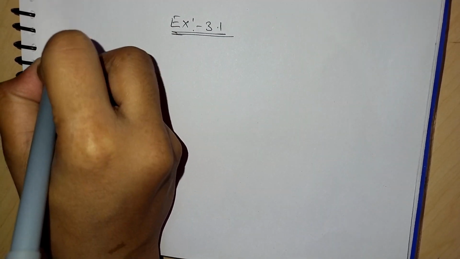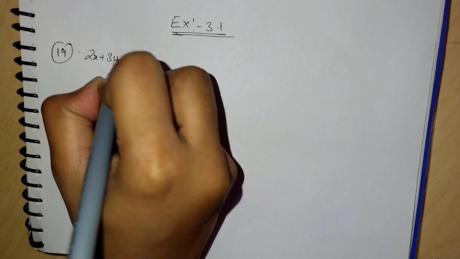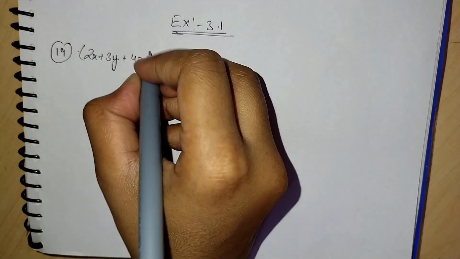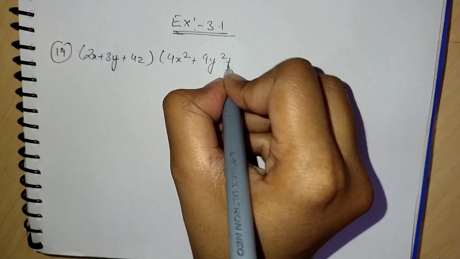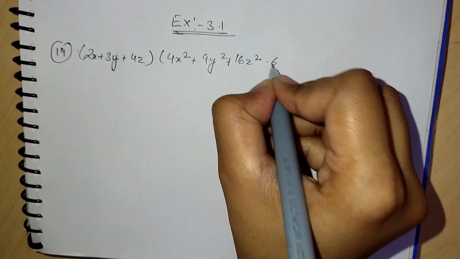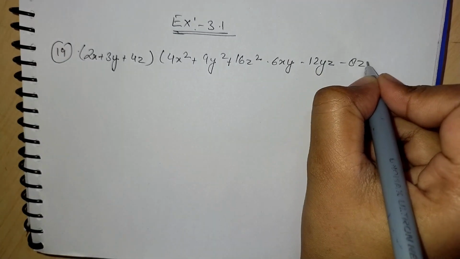Exercise 3.1 question number 19, which says 2x plus 3y plus 4z multiplying 4x square plus 9y square plus 16z square minus 6xy minus 12yz minus 8zx.